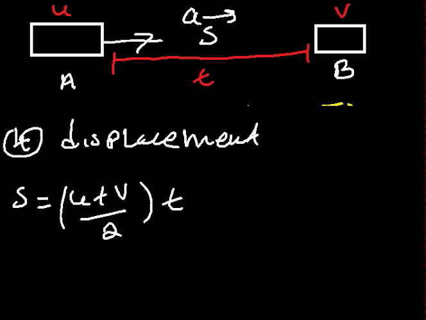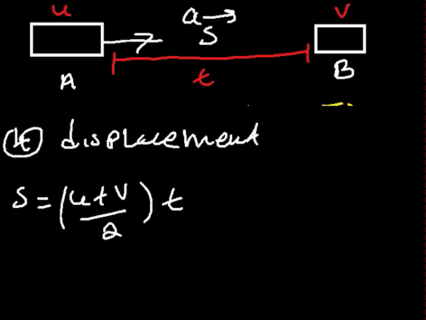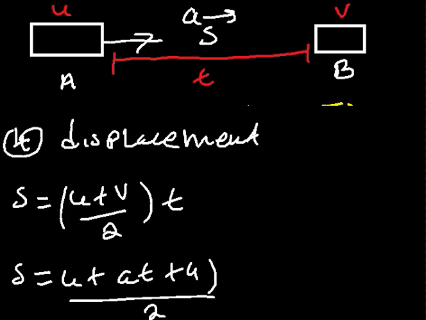Now we know that equation number 3 is given as v is equal to at plus u. Let's substitute this into the formula. Now we have the displacement equal to u plus at plus u, divided by 2, times t.